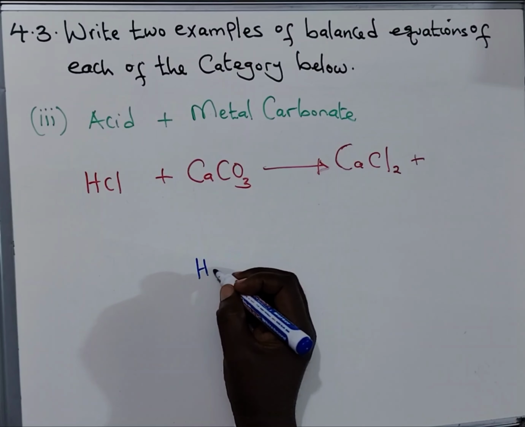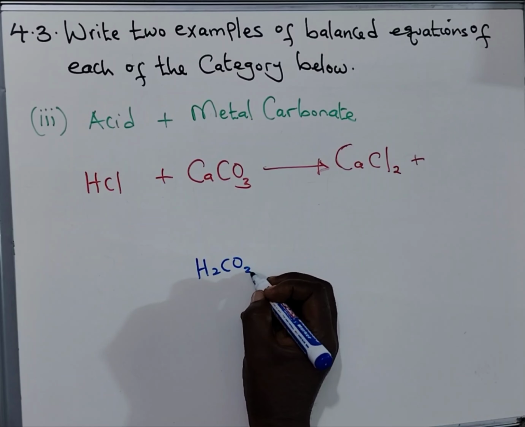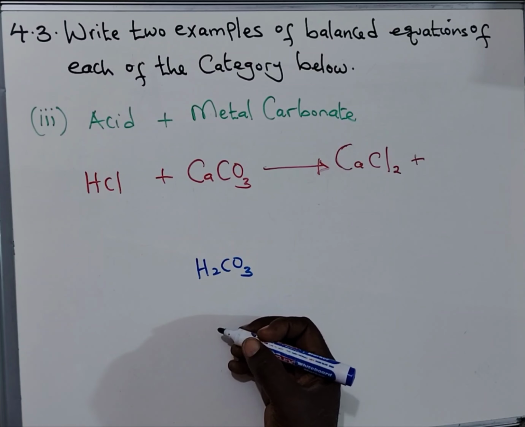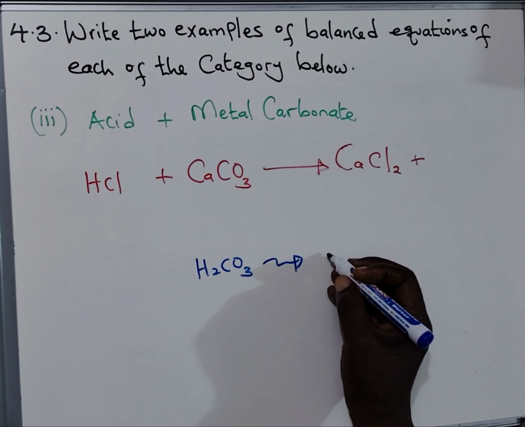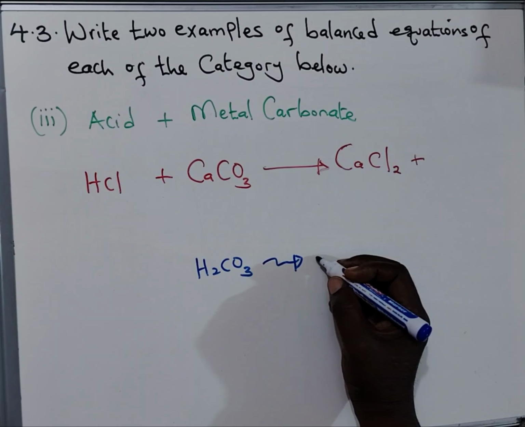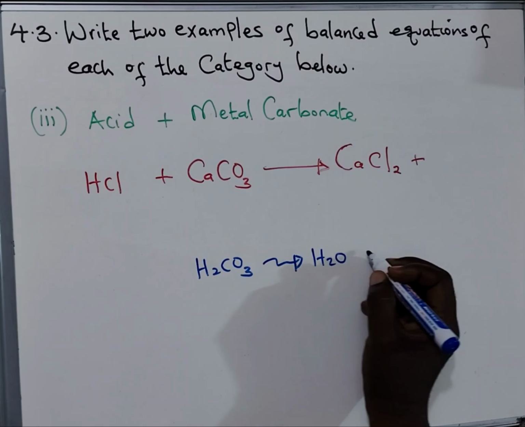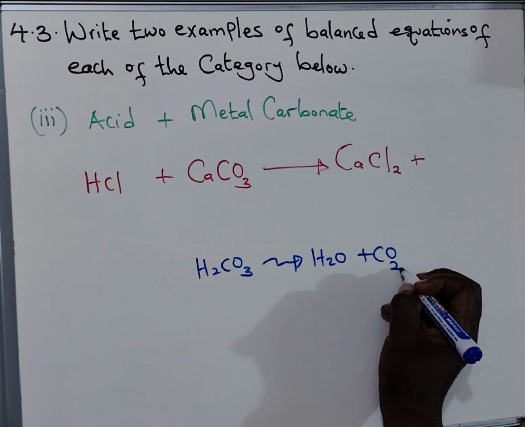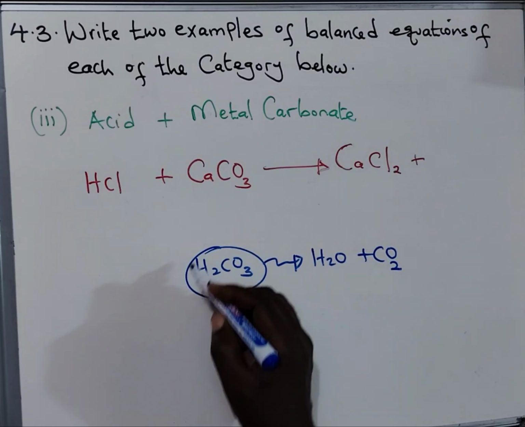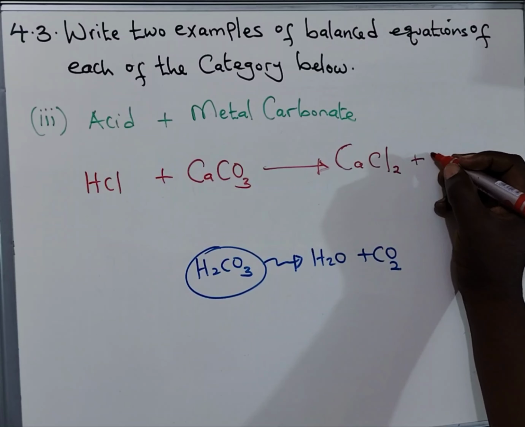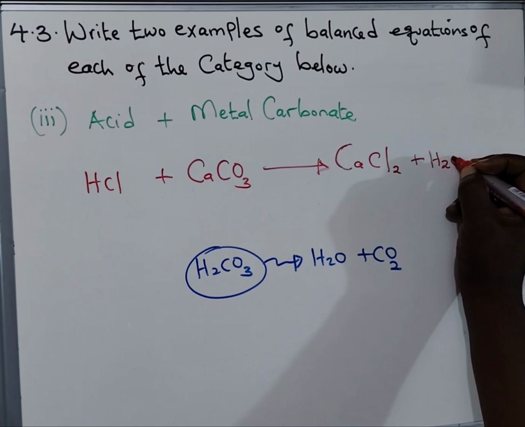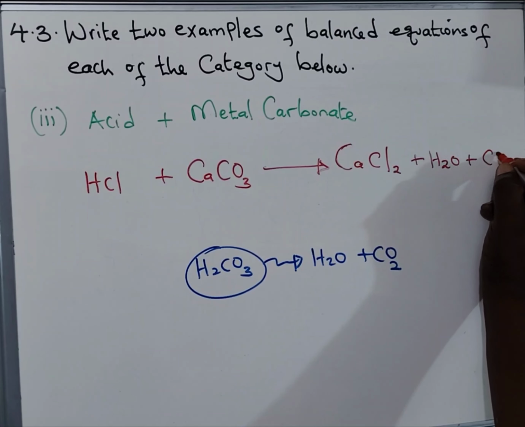Carbonic acid is this acid like this, but it's very unstable. So what happens is that most of the times after its formation, it decomposes to give you water and carbon dioxide. So every time you form carbonic acid, the products are known. What are they? They are going to be water and carbon dioxide.